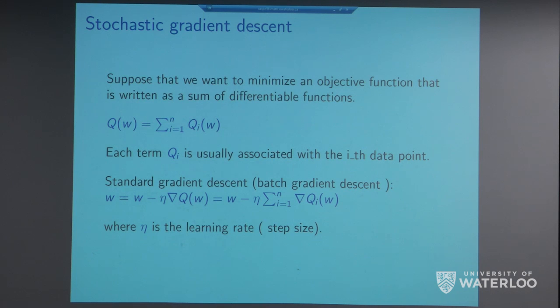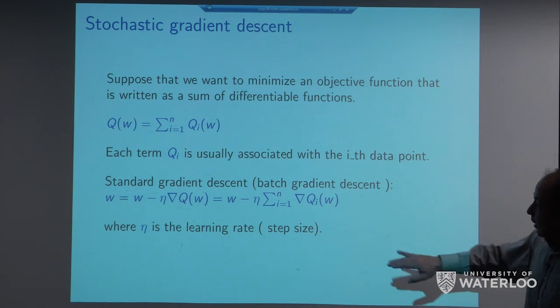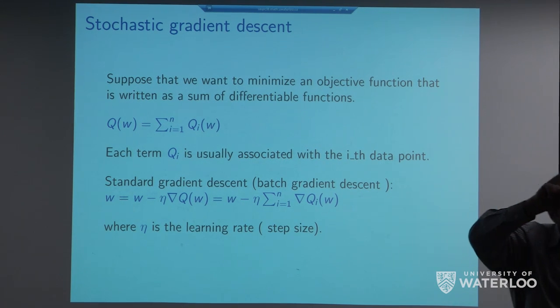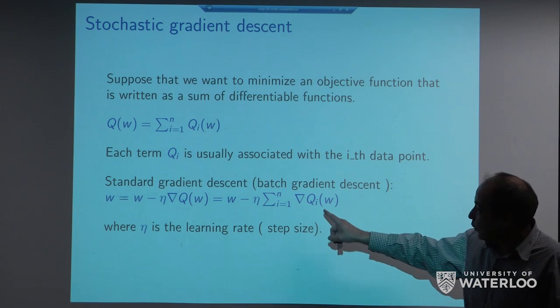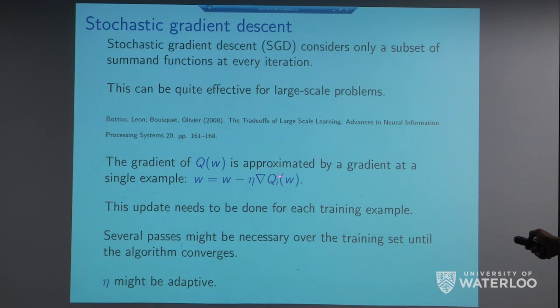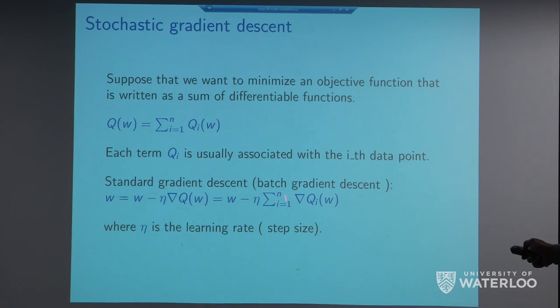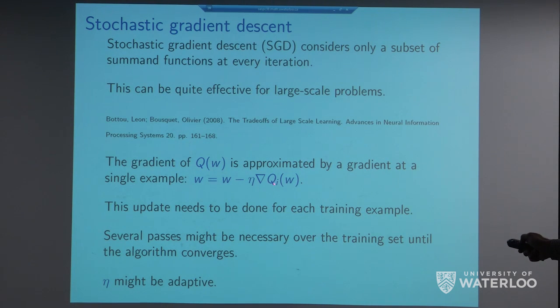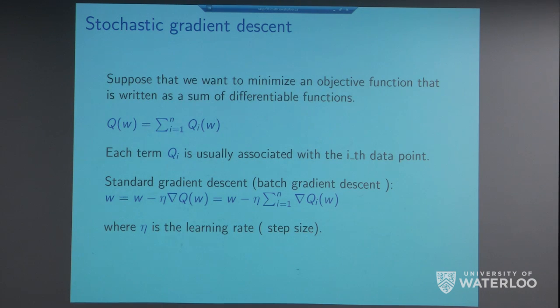In stochastic gradient descent, for each data point, you compute the gradient at that single point. Instead of the summation, you just get rid of this summation and compute the gradient at that single point. Okay? That's pretty helpful in practice because the full sum is going to be expensive.